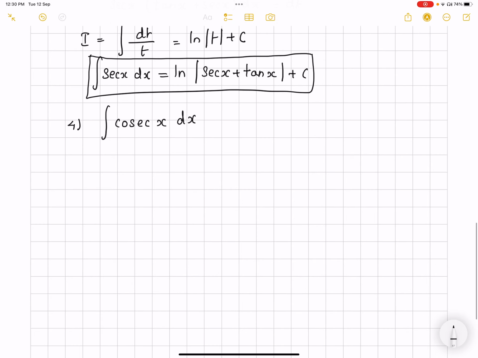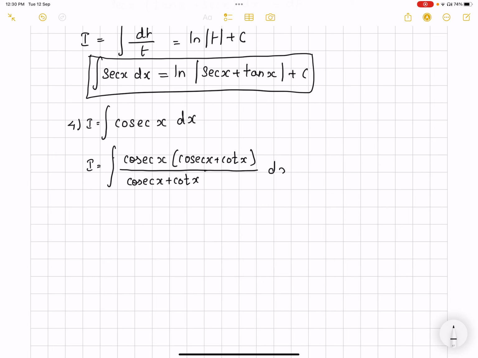So I will consider this as I. I is equal to cosecant x divided by cosecant x plus cot x, and I would multiply here with cosecant x plus cot x and then dx. So we have here cosecant square x plus cosecant x cot x, right? Something like this we have.